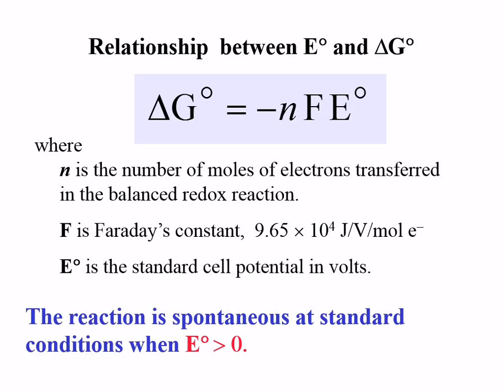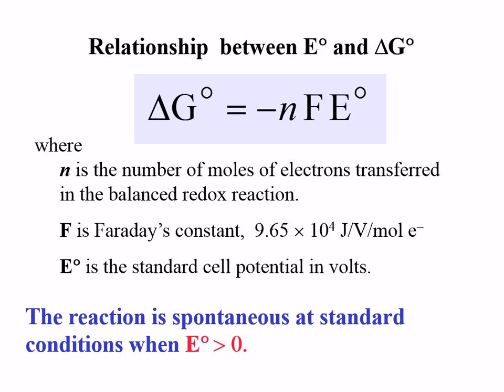So your cell potentials can be positive or negative. If you need delta G to be negative to be spontaneous, then in this relationship you need your cell potential to be positive, greater than 0, in order for it to be spontaneous.